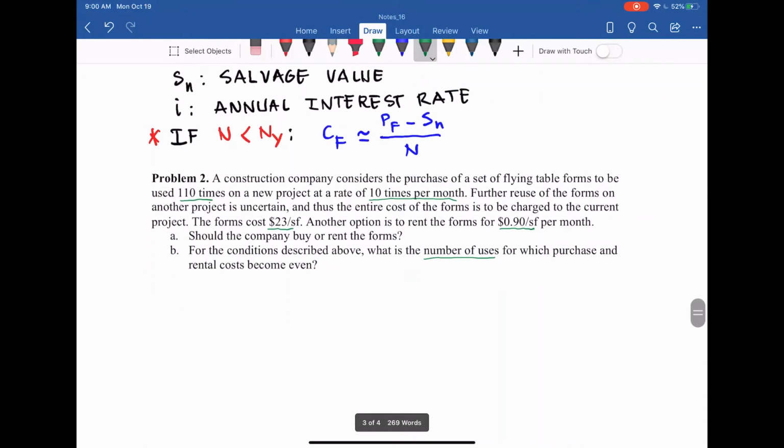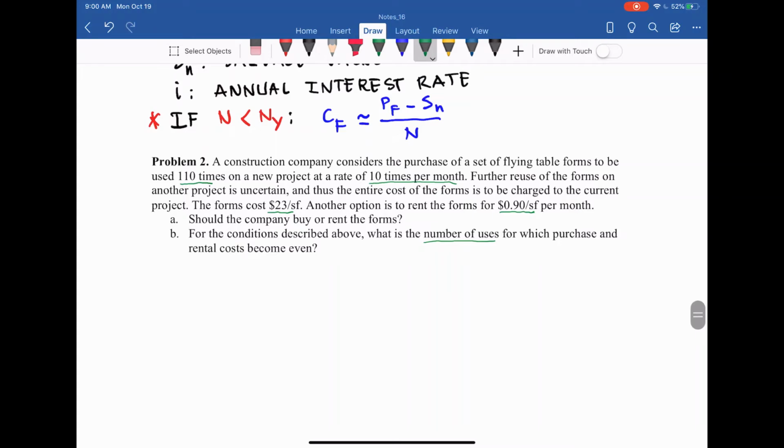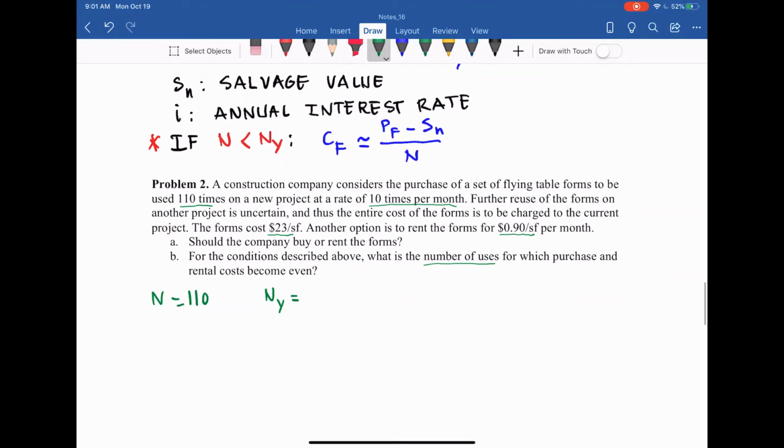So let's apply it here. As you can see from this problem, we have N equal to 110 times. And from that, we can also find NY, the annual number of uses.